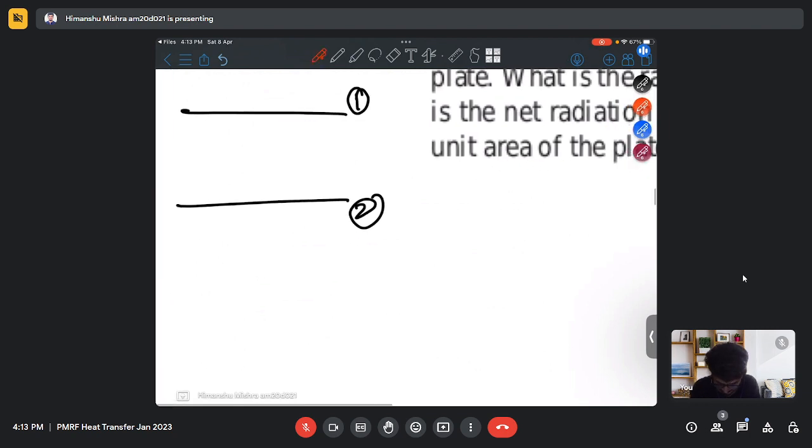First we need to find the irradiation to the upper plate. The irradiation to the upper plate is defined as the radiation flux incident on surface 1 from surface 2.